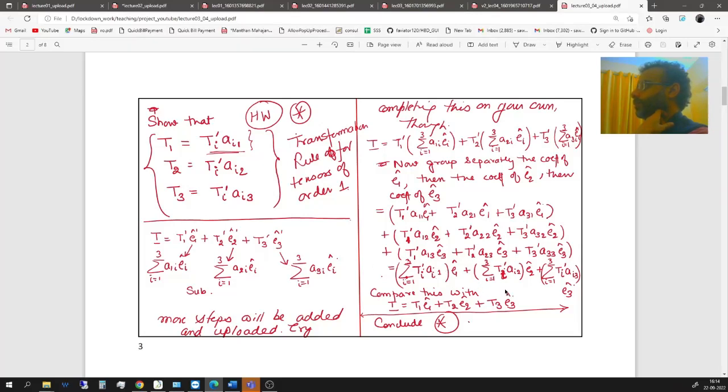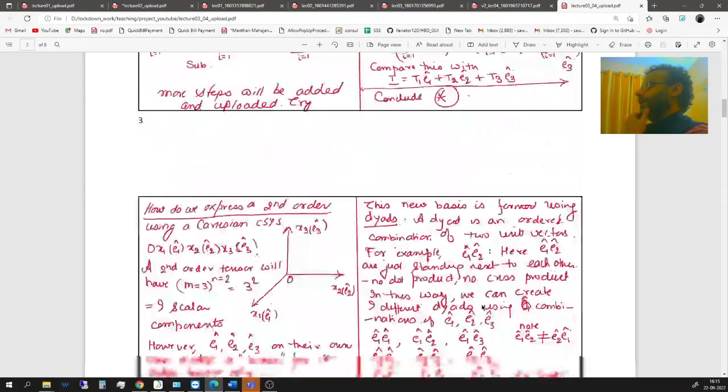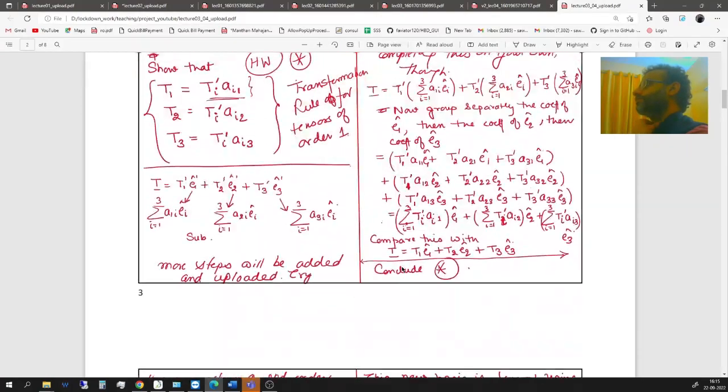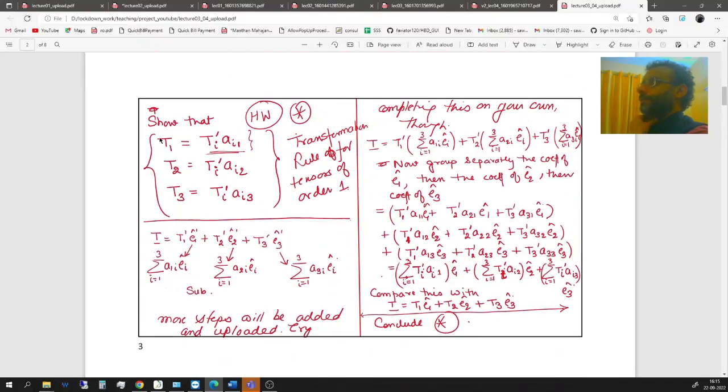Now, if you regroup them in the manner I have shown here, with coefficients of E1 collected here, coefficients of E2 collected here, and that of E3 collected here, and then compare this long expression with the other simple expression for T in the red coordinate system, which would be T1 E1, T2 E2, and T3 E3, that's all, then what we get is this set of relationships: T1 equals Ti prime Ai1, T2 equals Ti prime Ai2, and T3 equals Ti prime Ai3.